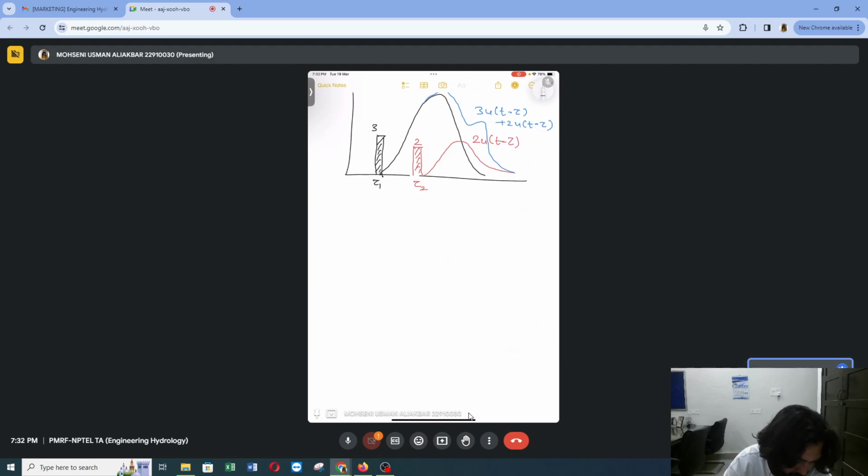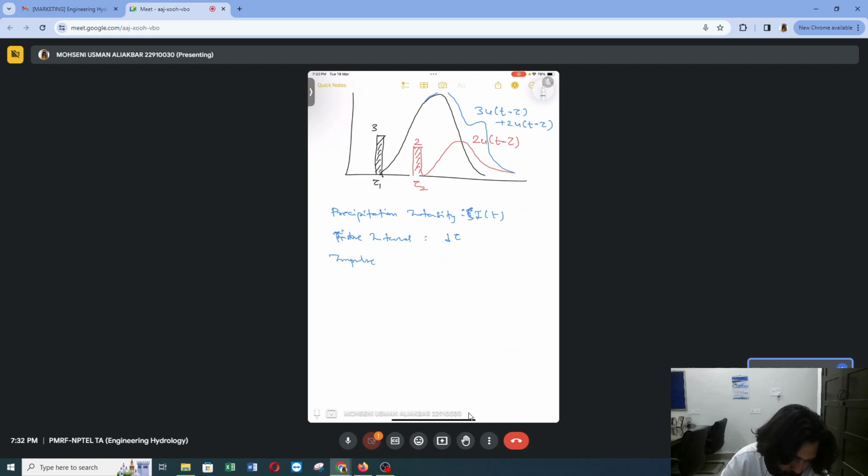Now here we can say that the precipitation intensity is I(t), right? The time interval is d tau.